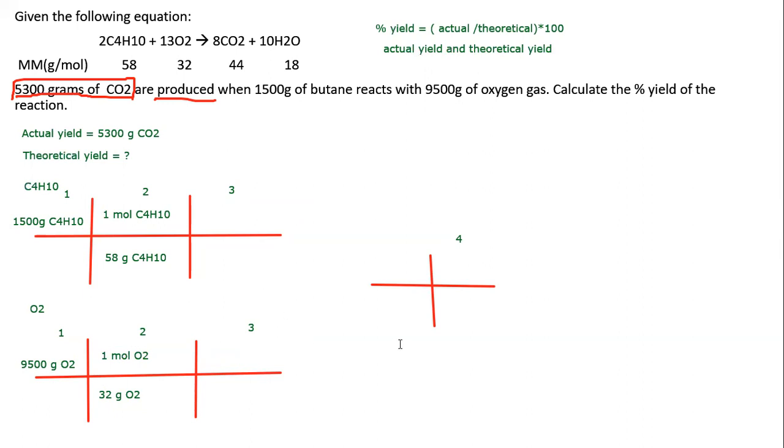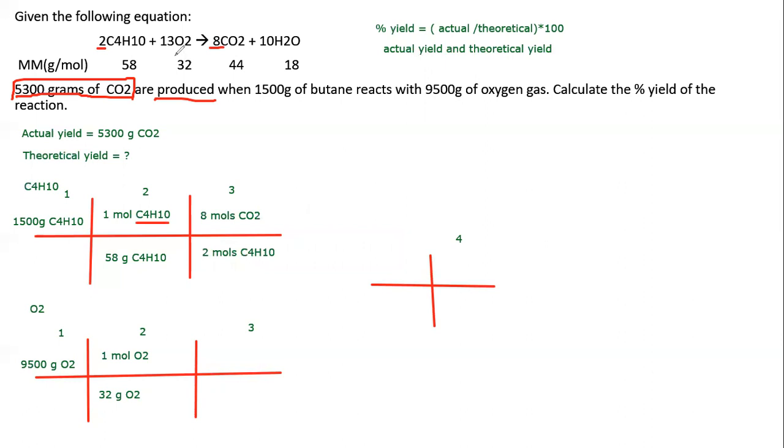So butane to CO2. Butane is 2. CO2 is 8. So again, since we're starting with butane here, butane is going to go on the bottom. CO2 is going to go on top. Same thing with O2.